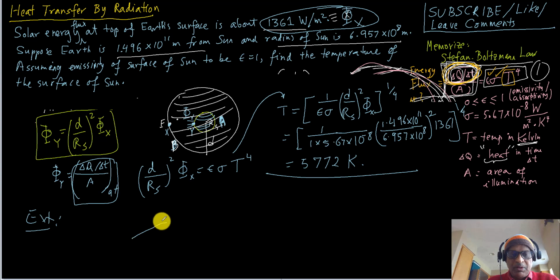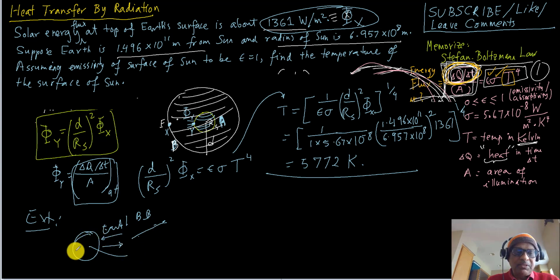Suppose I give you that Earth is a black body. Just for the sake of argument, we can assume the amount of radiation that comes in is the amount of radiation it emits. So can we assign the surface of the Earth some temperature Te? Can we use this to answer that? So there's one extension you can try.